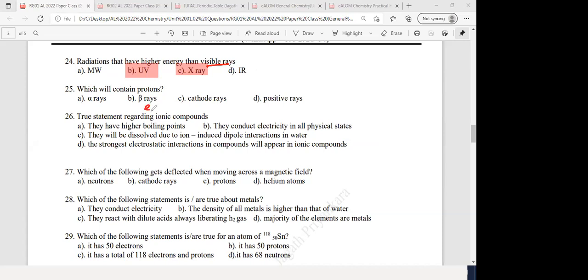Alpha rays are He2+, so that contains protons. Cathode rays, electron. Beta rays, electron. Positive rays contain protons. So the answer is only A and D: alpha rays and positive rays contain protons.